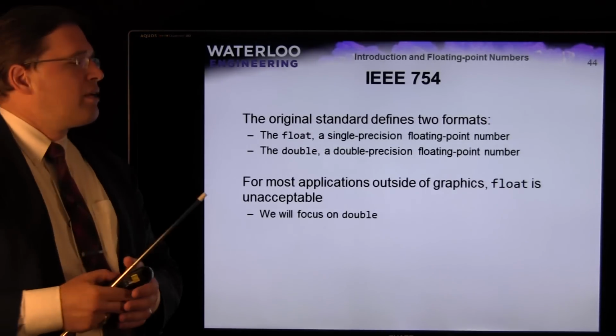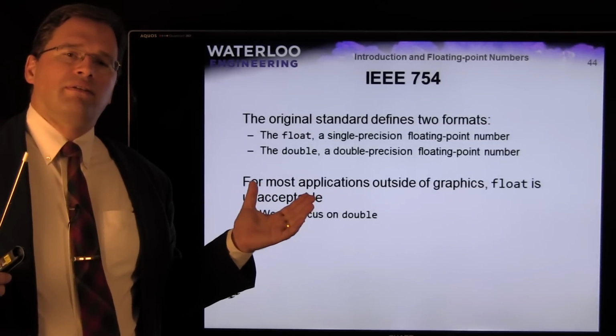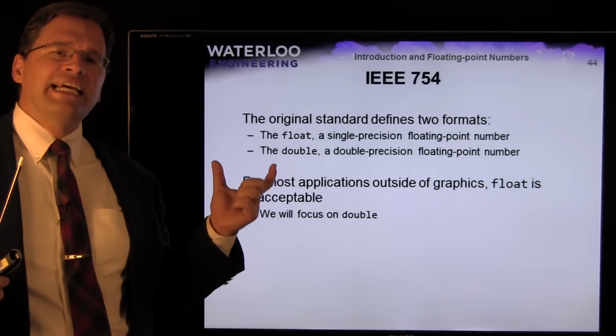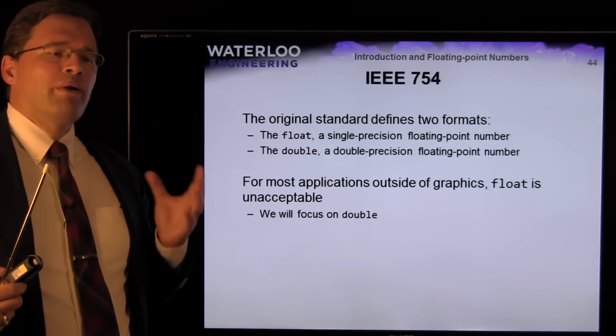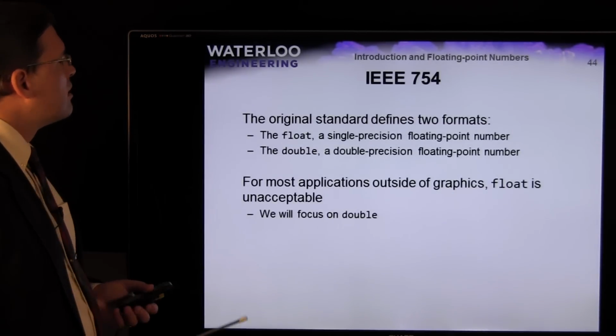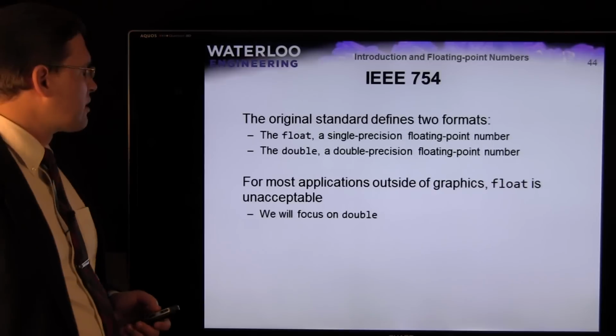Now, what we looked at was floating point representations for 6 decimal numbers. On a computer, we don't have decimal numbers, we have binary numbers, 0 or 1. So the standard actually defines 2 different representations.